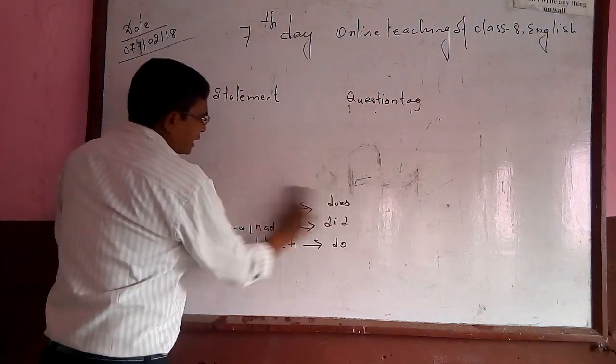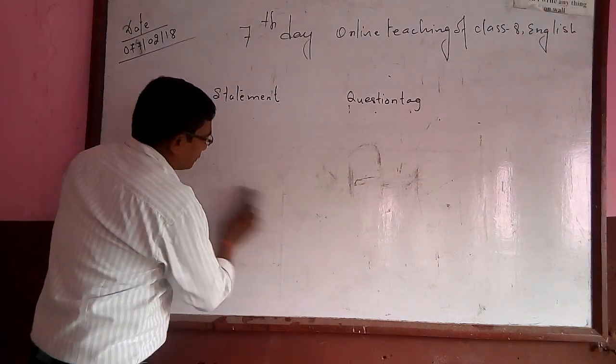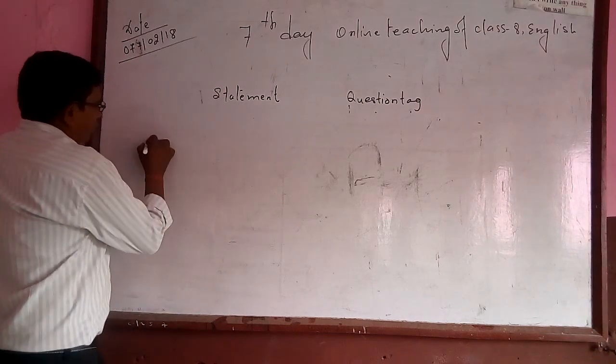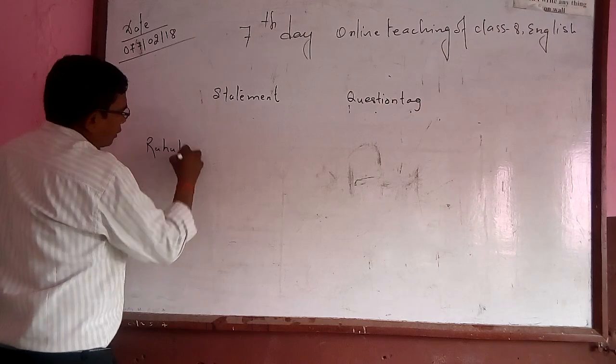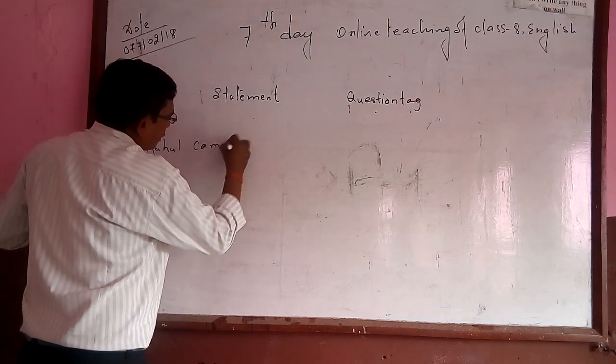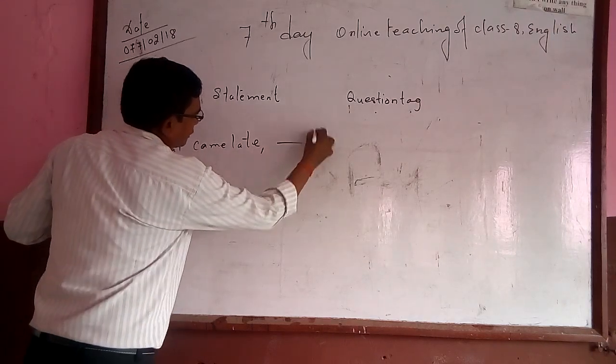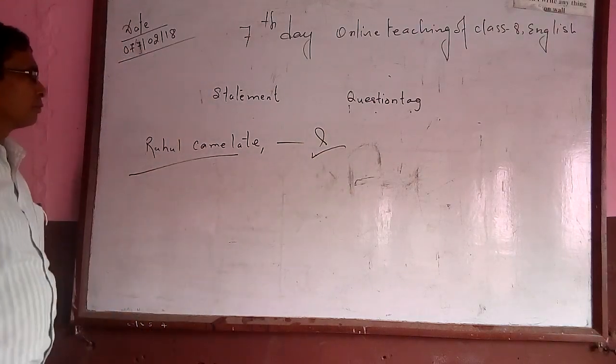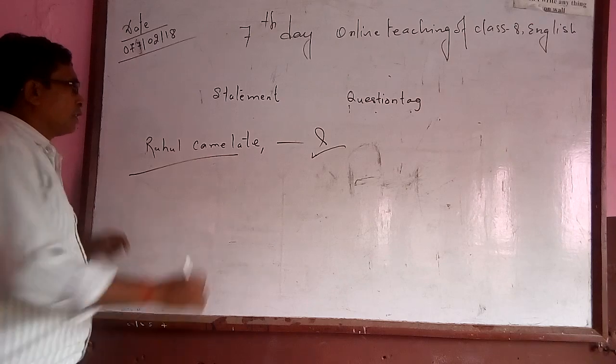Rule number 1 and 2. I want to show you with one example how you can implement it here. Rahul came late. This is the statement and this one is the question tag. So Rahul came late.